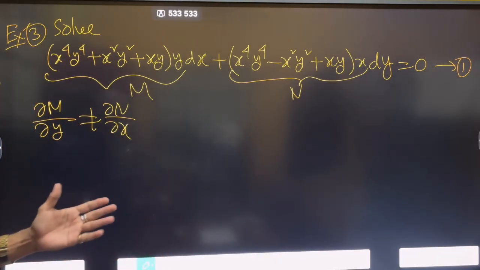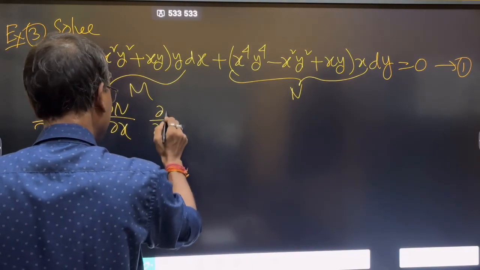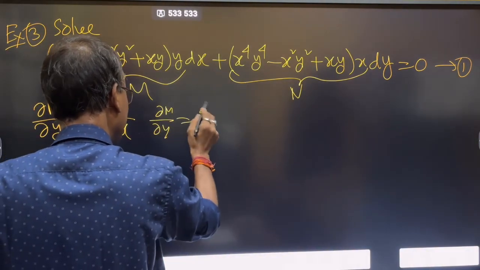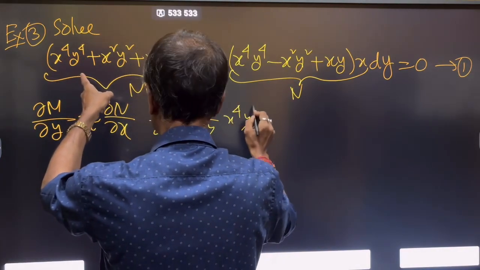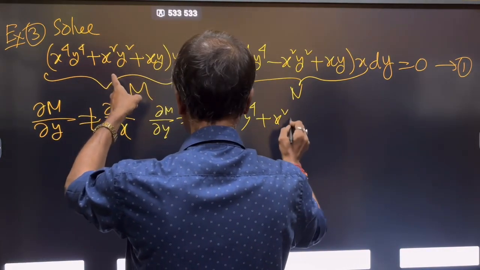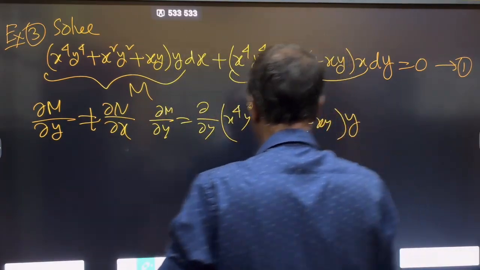Just find here del M by del y, which is equal to del y of M, where M is x to the power 4 y to the power 4 plus x square y square plus xy, into y.